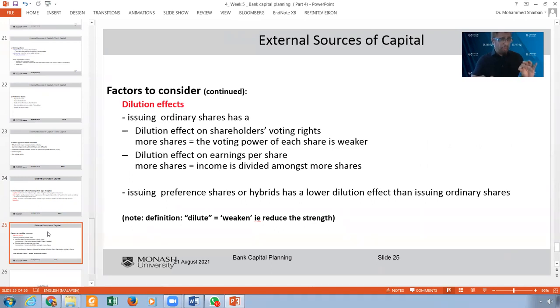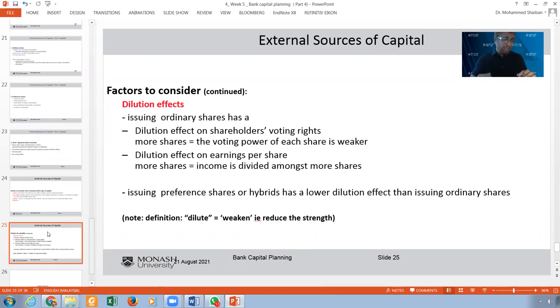So if I have, for example, 100 million in profit, and I have 10 million shares in the market, then every share would be earning something like 10 dollars, 10 cents.